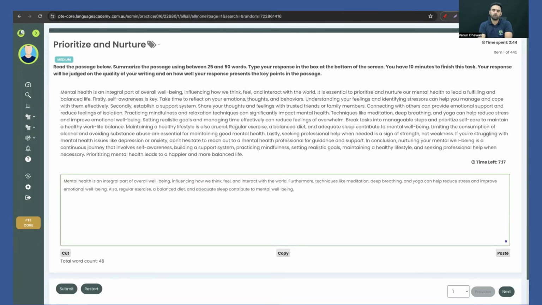That's it. In the exam, obviously you won't have autocorrect. You can just turn it off from here. That's it. I've written 48 words, which is between 25 to 50 words.